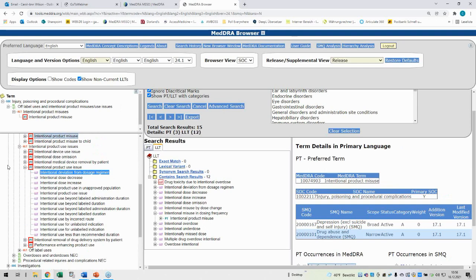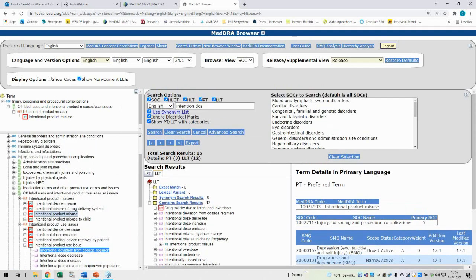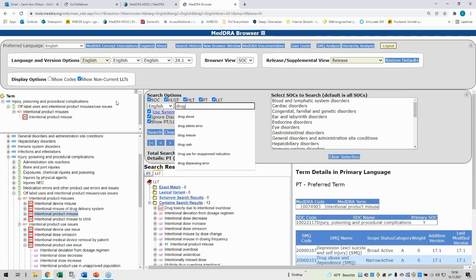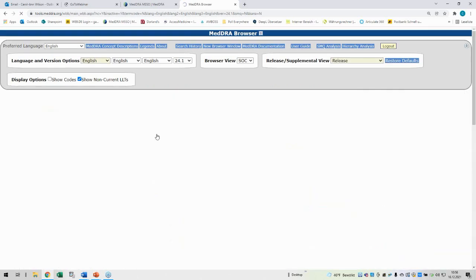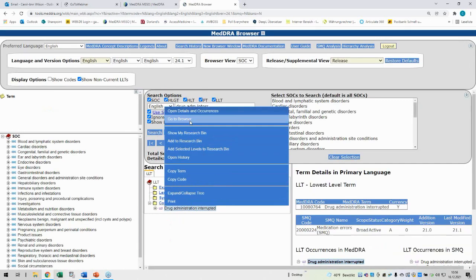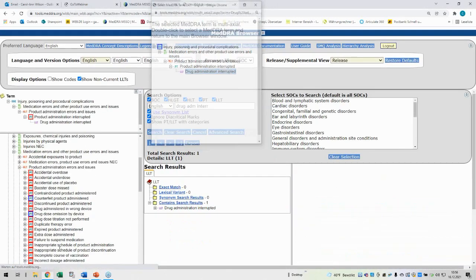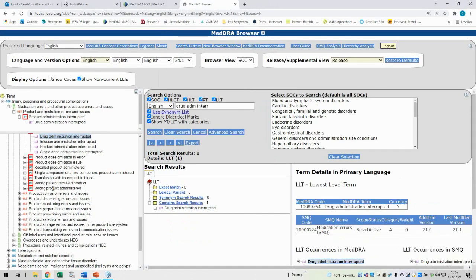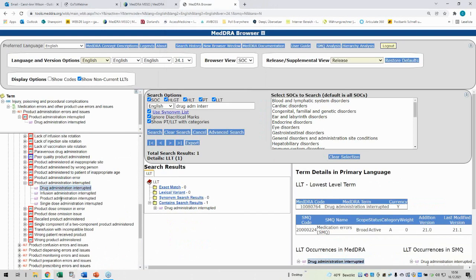So this is really the question here. Let us first look at the other options that we have. Drug administration interrupted was one of the other options. Here it is. Go to browser again. It is here. Product administration interrupted. And if you look at the LLTs underneath, it also helps to understand what this PT is standing for.